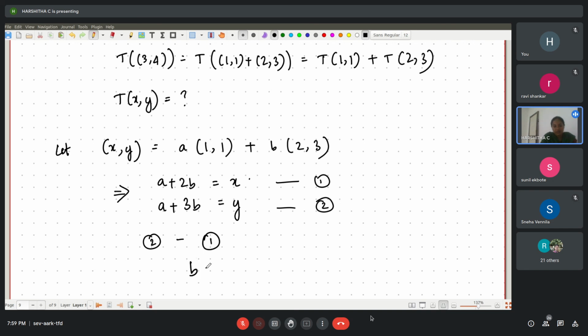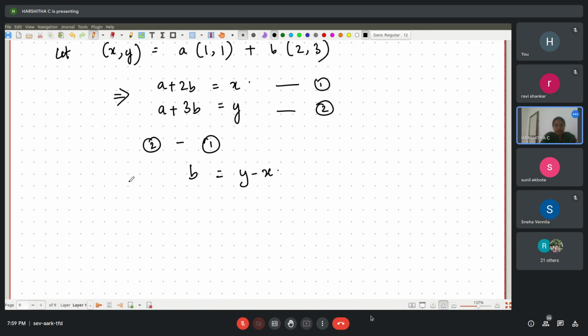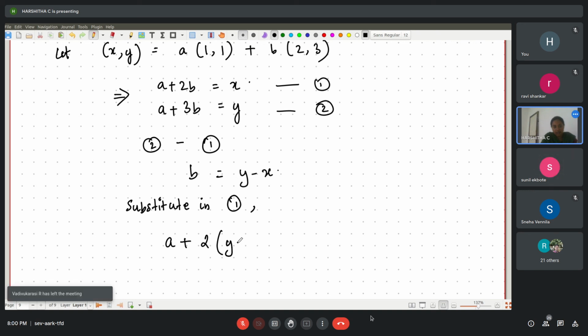What we get is B equal to y minus x. Then substitute into any one of them, say the first. So A plus 2 times B, which is y minus x, equal to x.